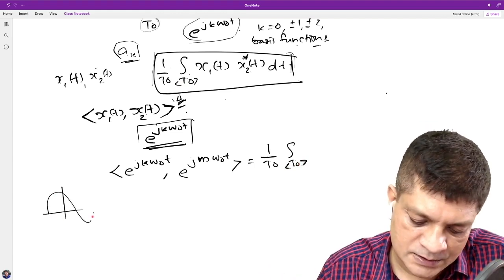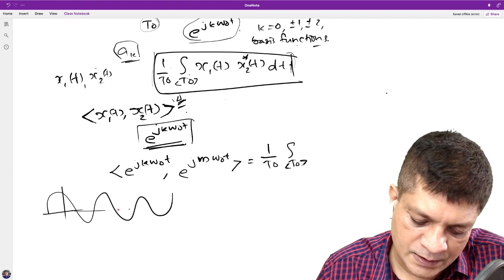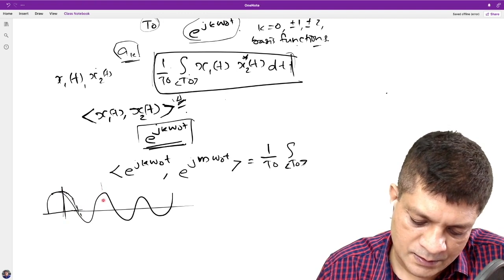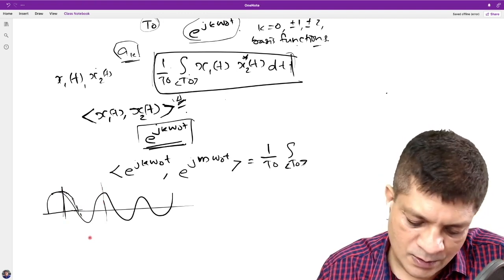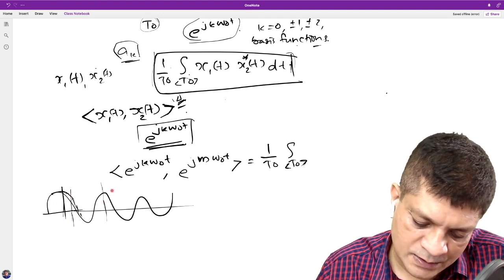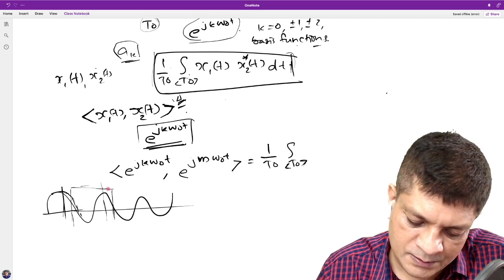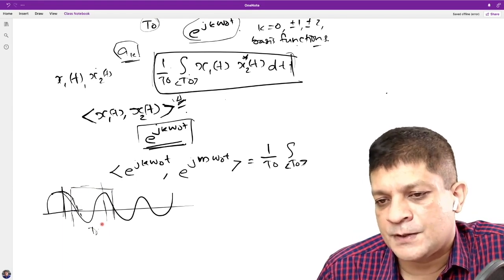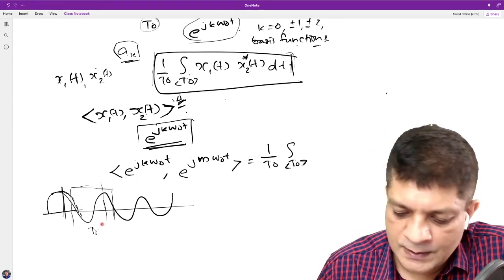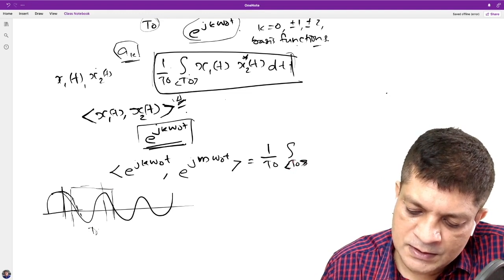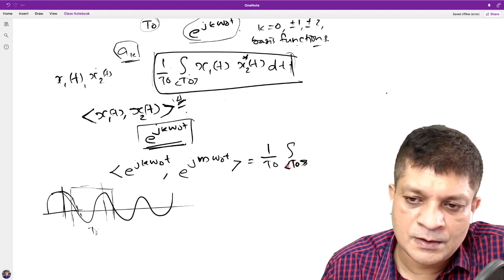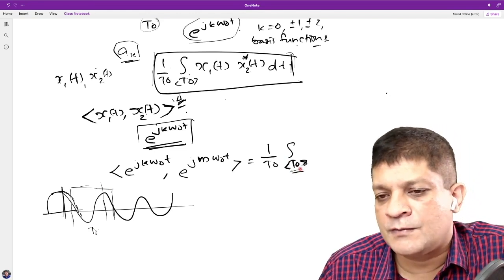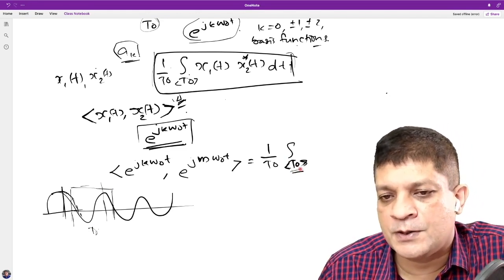For example, if this is a periodic signal, you can integrate it over this period, or over this period; any continuous interval of length t naught gives the same value. That's why we generally represent the integration of periodic signals like this, over any continuous interval of one period.